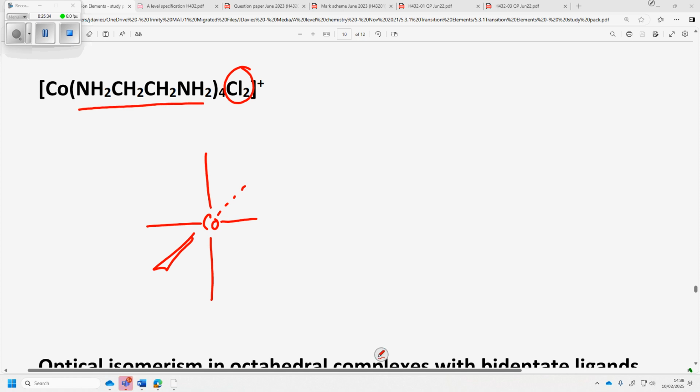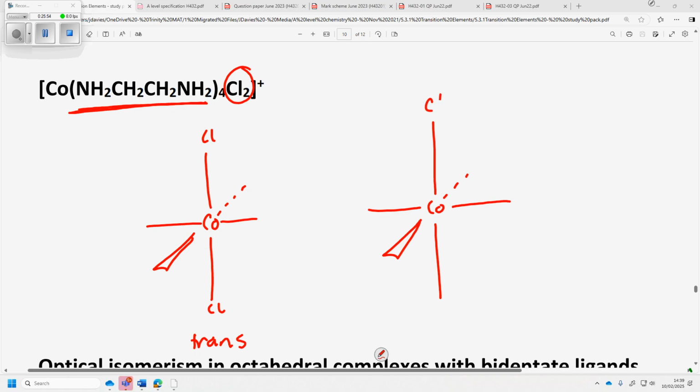These bigger molecules are the bidentate ligands. So I would stick the chlorines on first. This is in the trans position. Now they're in the cis position.